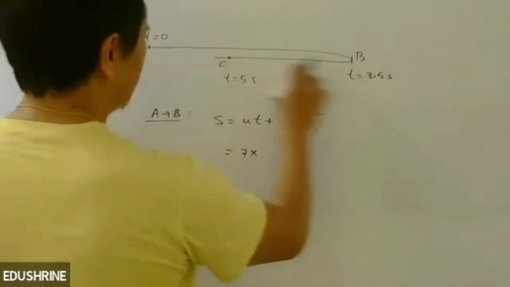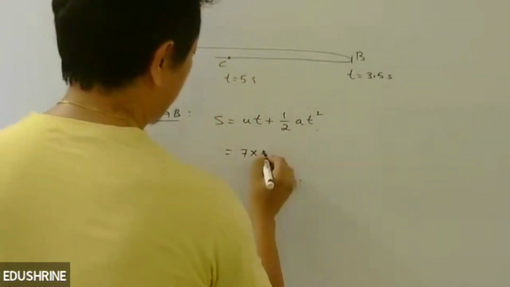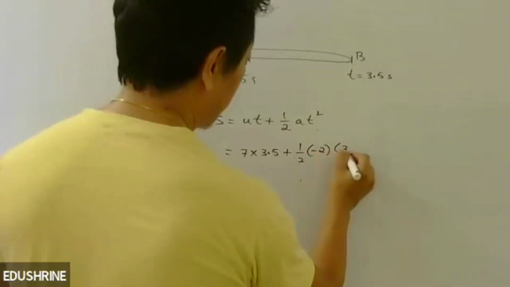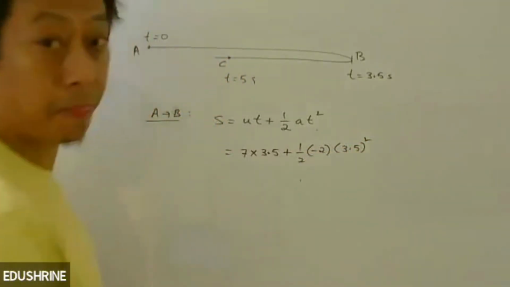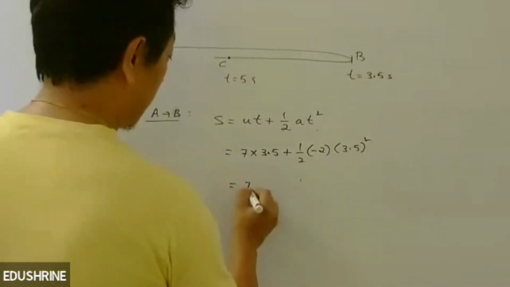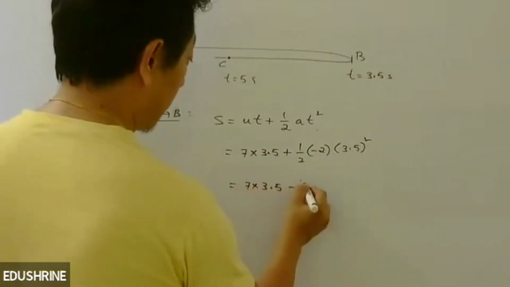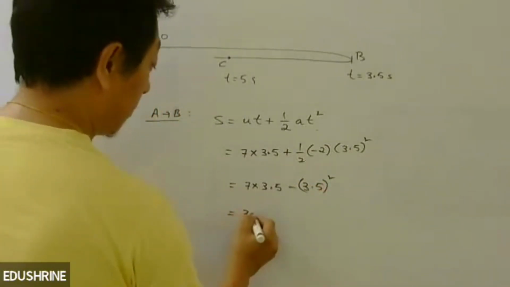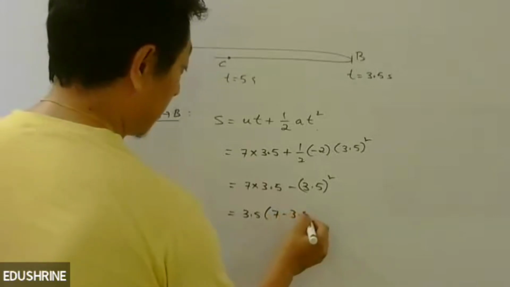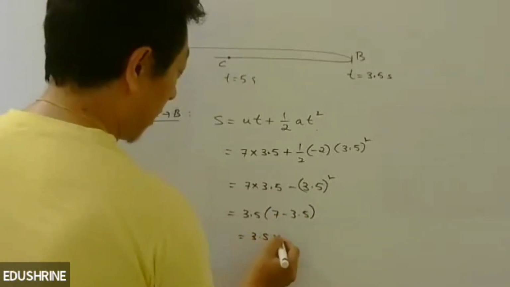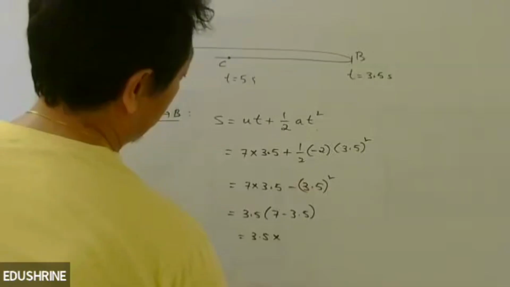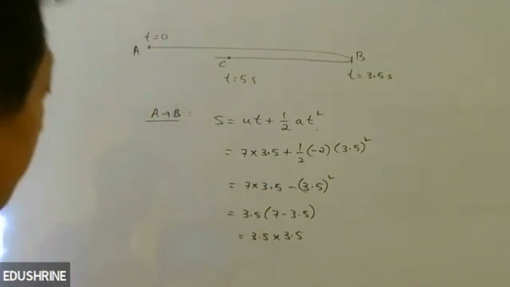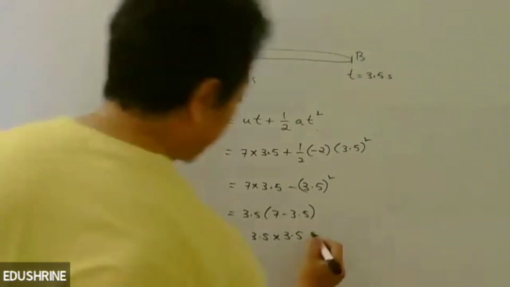What is time taken from A to B? 3.5. S is 7 into 3.5 plus half minus 2, 3.5 square. That will be 7 into 3.5 minus 3.5 square. That will be 3.5 common, 7 minus 3.5, which is 3.5. What is the answer? Calculate now. 12.25.